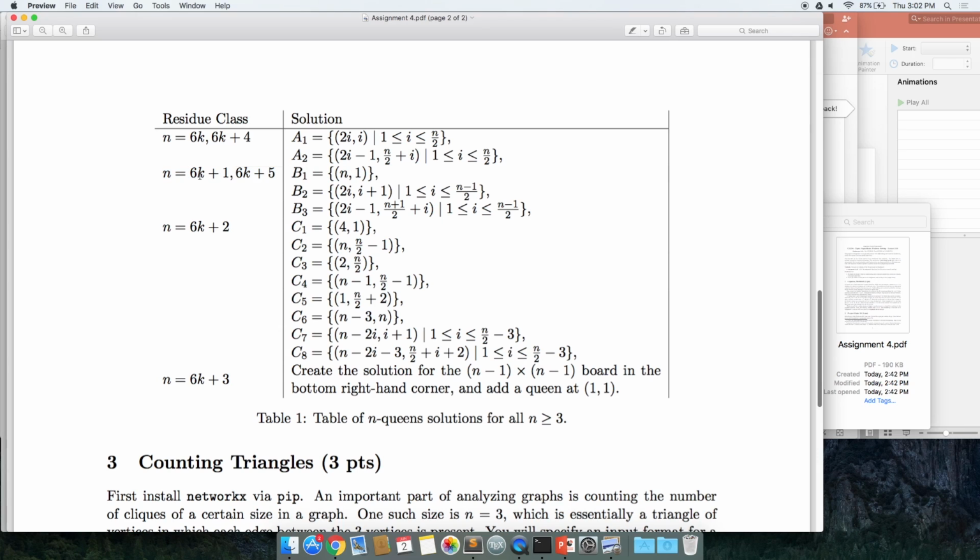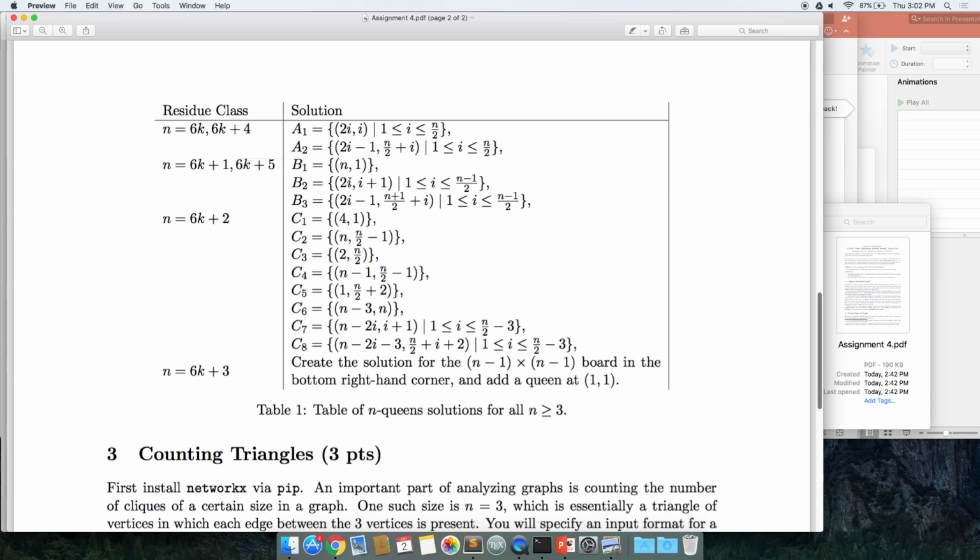Let's take the first example, which would be 7, right? If you divide by 6, there's 1 remainder. So you would place 1 queen at row 7, column 1, and then you'll continue placing all the other queens with the results from this paper that I cite here.